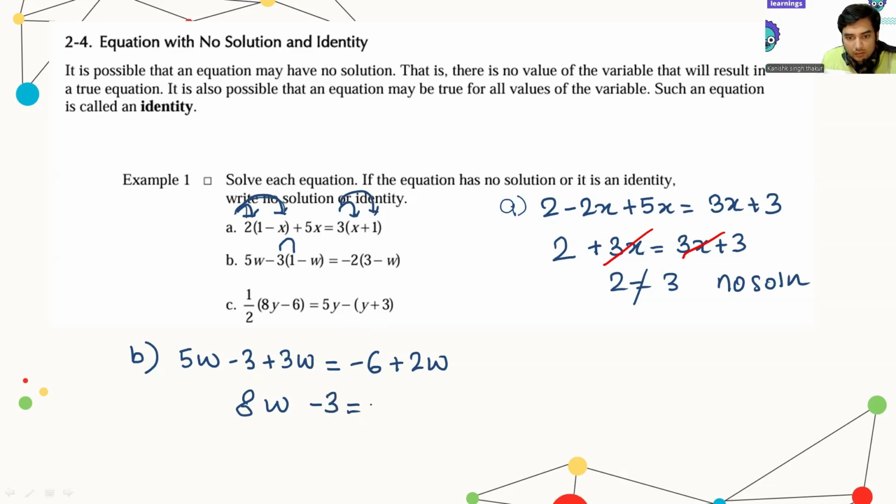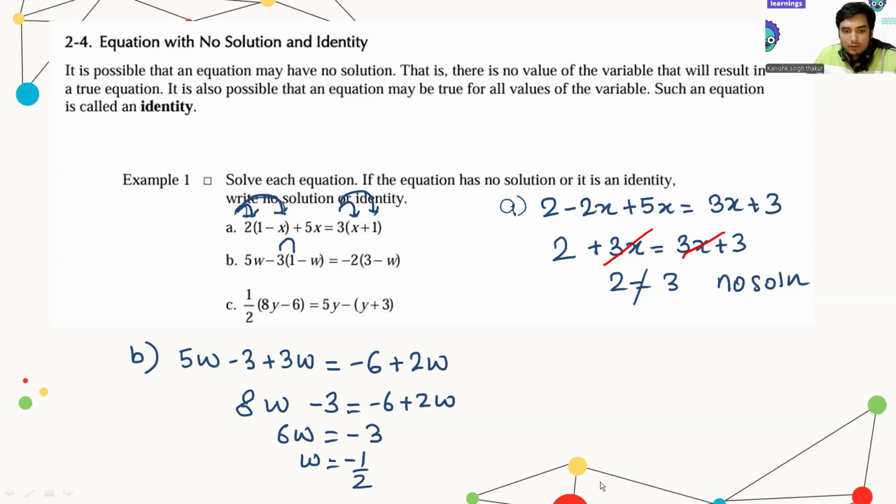Negative 3 is equal to negative 6 plus 2w. So you have 6w is equal to negative 3. w is equal to minus half. You get a single solution here. So this is what it is for one solution.